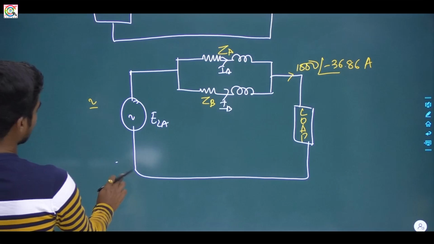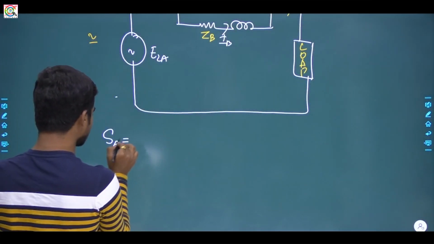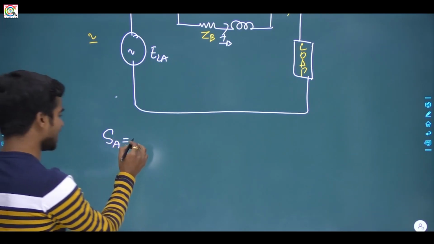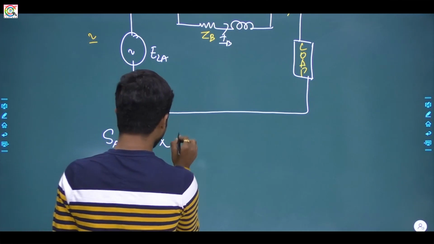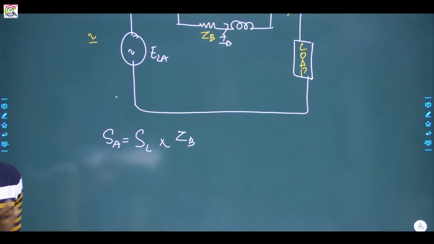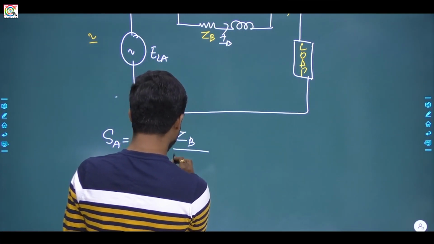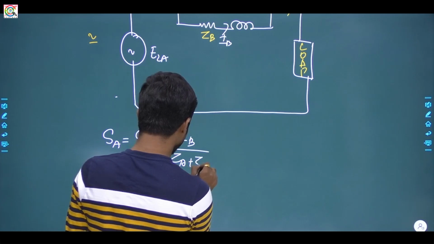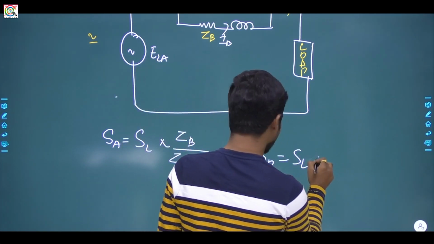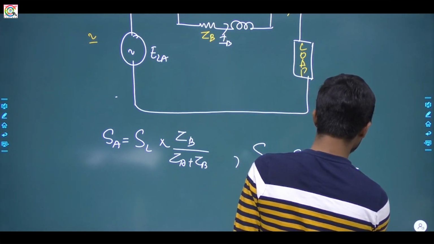Now you know that the load shared by two individual transformers is given by the load share. The kVA shared by the transformer A is equal to SL, the load kVA, times ZB by ZA plus ZB, and SB is equal to SL times ZA by ZA plus ZB.